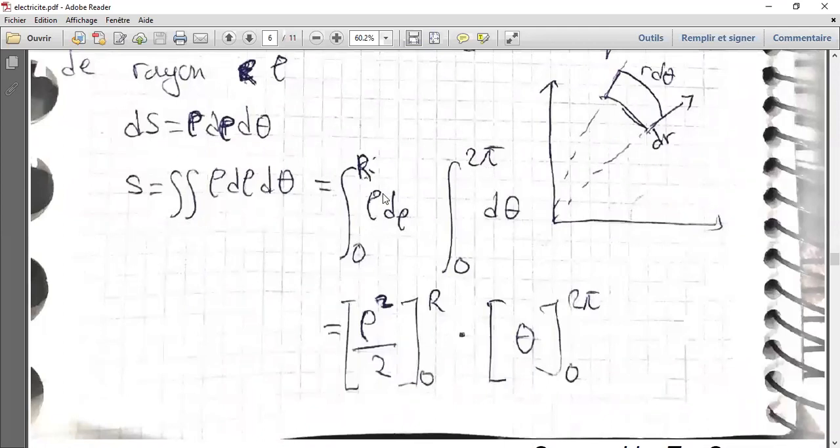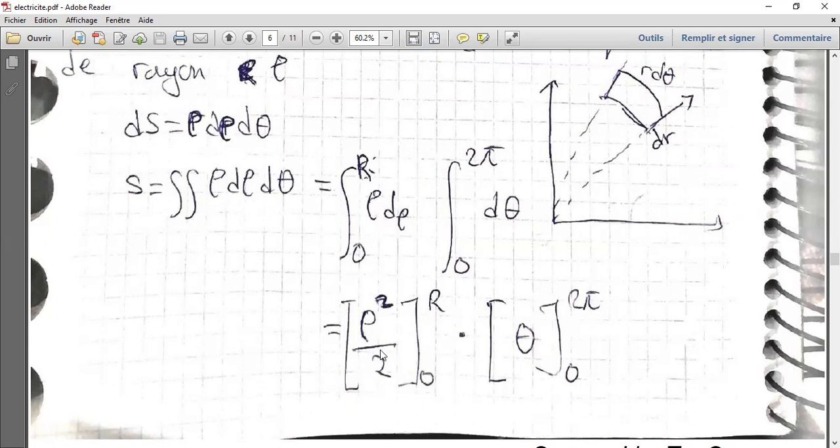I think you know how to integrate simple things, for example 2x. If I integrate rho with respect to rho, it means imagine there's a 1, you add another 1, it will be rho squared divided by 2.